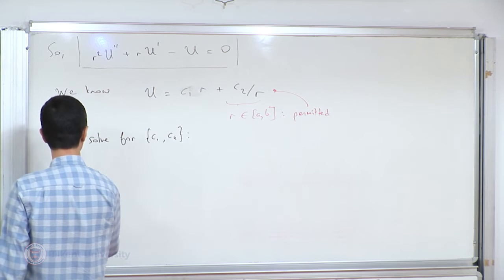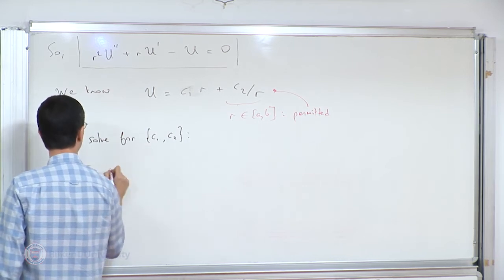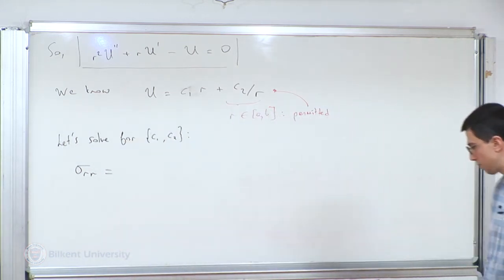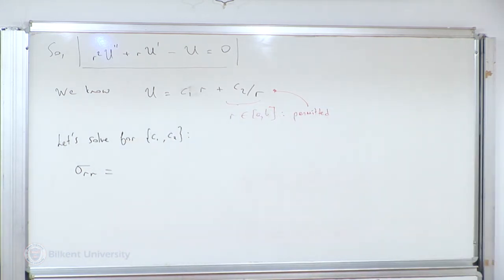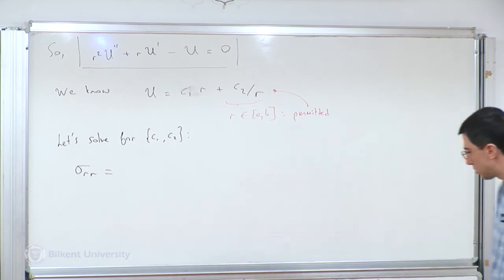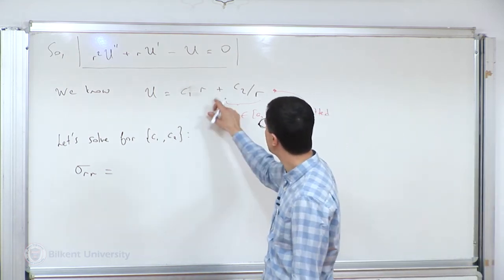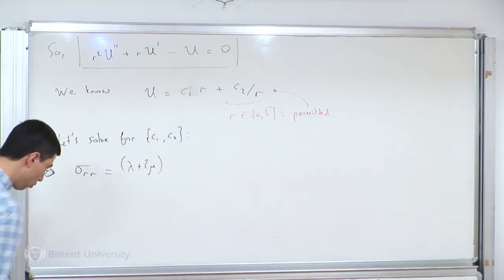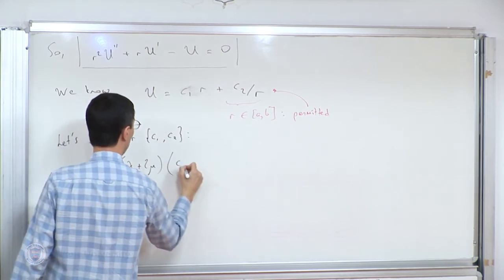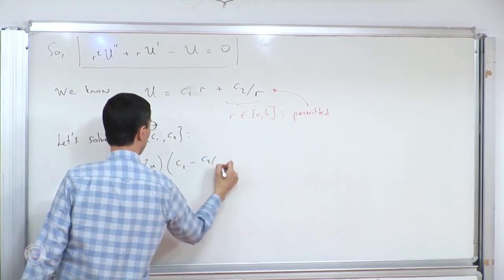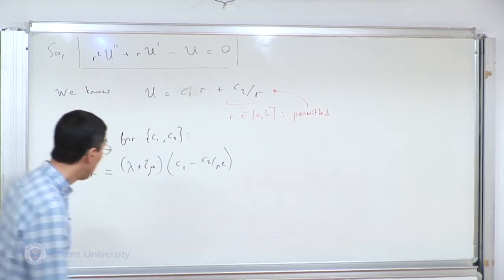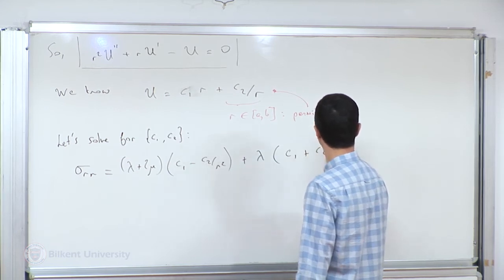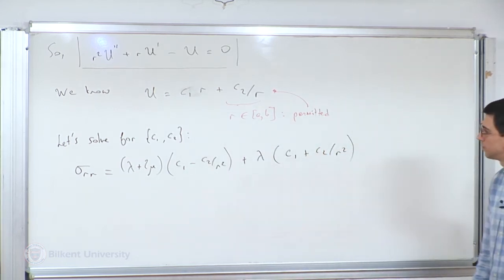Okay, so for that, we need to calculate sigma rr. Sigma rr is now unfortunately down there, but it's lambda plus 2 mu u prime plus lambda u over r. The solution is fairly simple. So lambda plus 2 mu u prime, which is C1 minus C2 over r squared, plus lambda u over r, plus lambda C1 plus C2 over r squared.